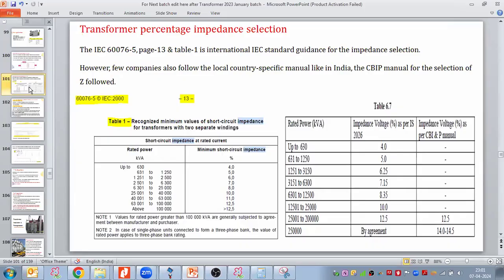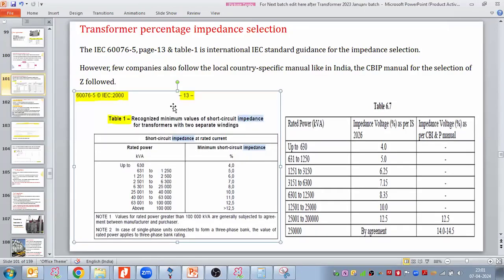Now, from where do we select the impedance? To select the impedance of the transformer, we follow IEC 60076 part number 5, page number 13, table number 1. This is the reference for the impedance selection of the transformer, the international IEC standard guidance.